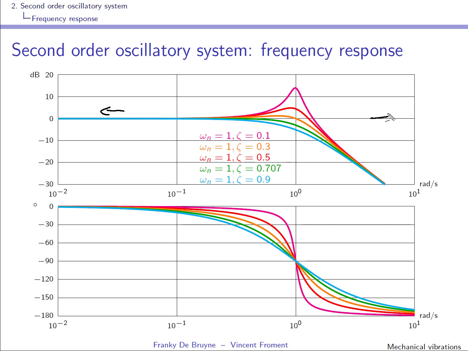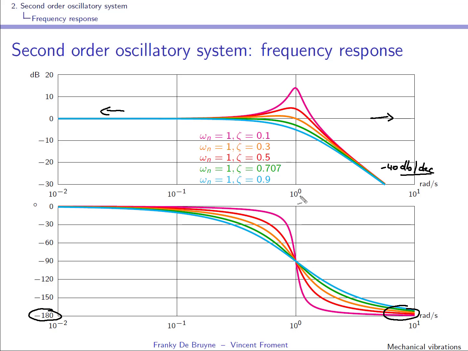When you consider that omega is much larger than the natural frequency, you see that indeed the phase shift tends to minus 180 degrees, and that you have a slope of minus 40 dBs per decade. Okay, so your input sinusoid will get attenuated more and more when your frequency is increasing.